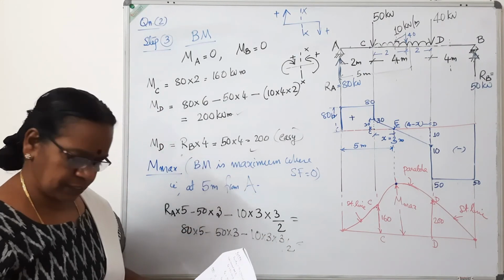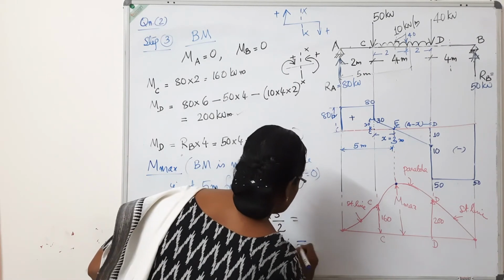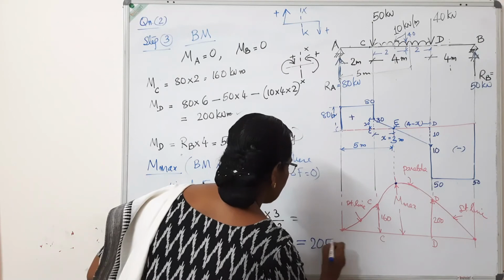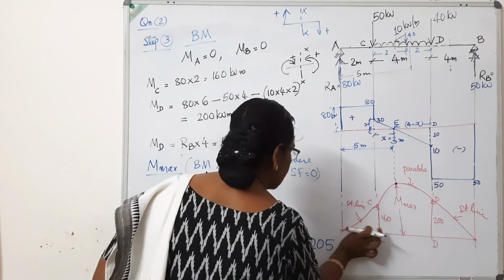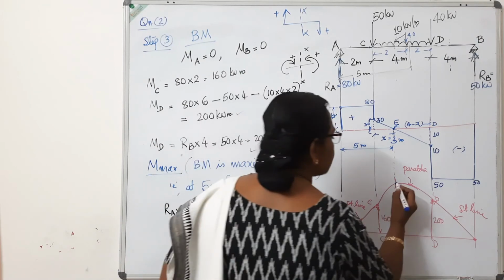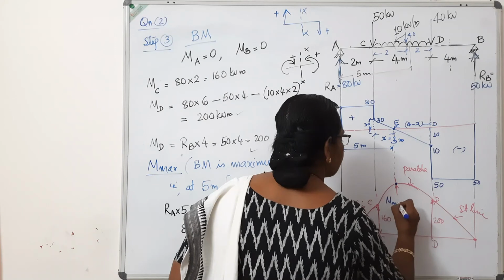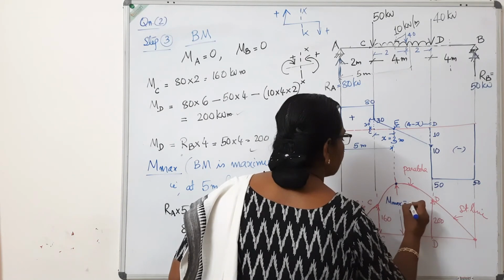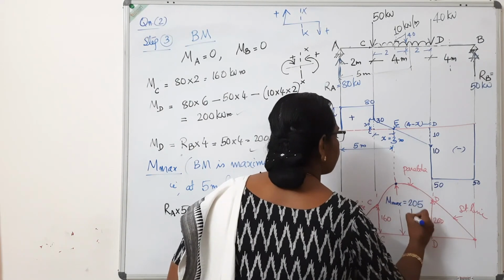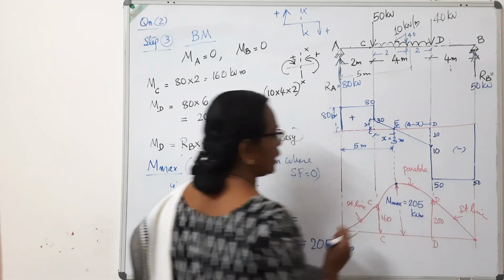It works out to 205. This gives the answer 205 kilonewton meter. So this maximum value Mmax is 205 kilonewton meter. From here you mark 205.